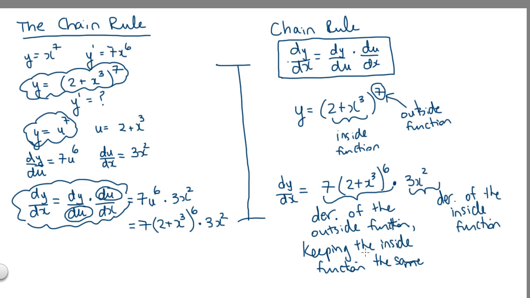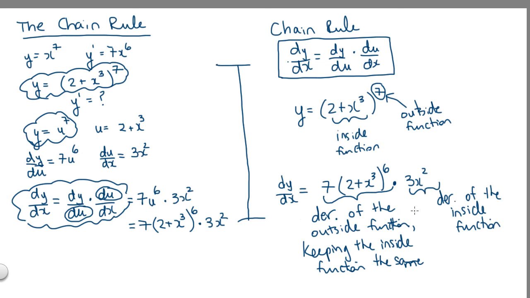So if we try to describe the chain rule in words, there's 3 parts of the puzzle. The first part, we take the derivative of the outside function while keeping the inside function the same. The second part of the chain rule, just this multiplication sign. So we need to multiply on the derivative of the inside function.